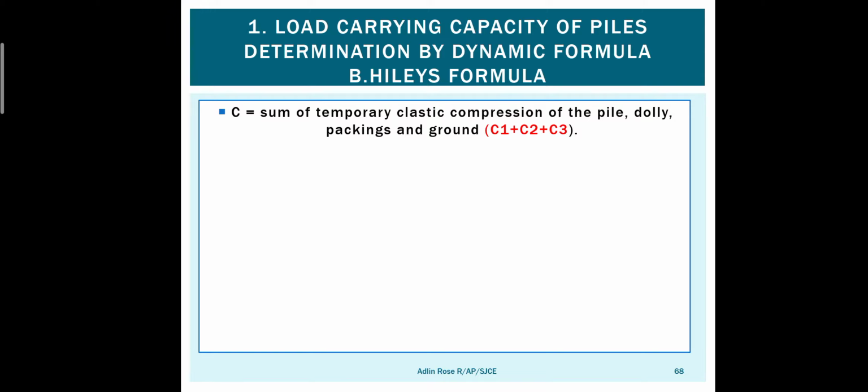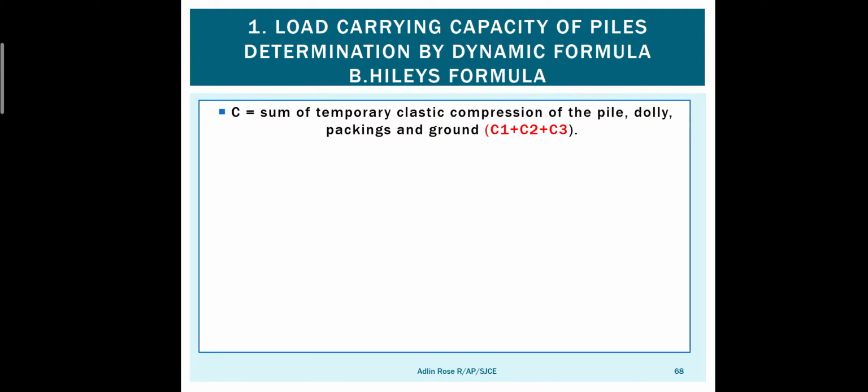Yesterday I said, when you are driving the pile into the soil, we should protect the head of the pile as well as the toe of the pile. For the bottom of the pile to be protected, we use pile shoes, and at the head of the pile, at the top, we protect the top of the pile from the direct effects of the hammer blow.